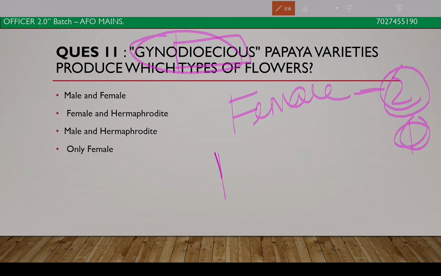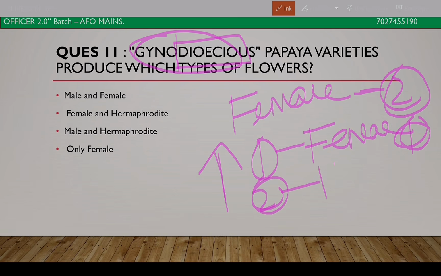there are 2 types of plants we find. One plant will be producing only female flowers, and one type of plant will be producing hermaphrodite flowers. Understand? We can find 2 types of plants. One is female and another is hermaphrodite. Okay.